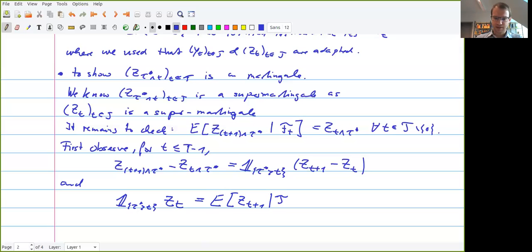So I know that this is the same. Right, and of course I shouldn't forget the indicator function. All right.